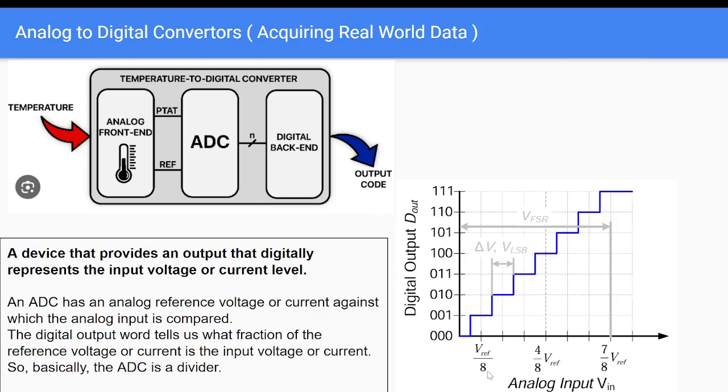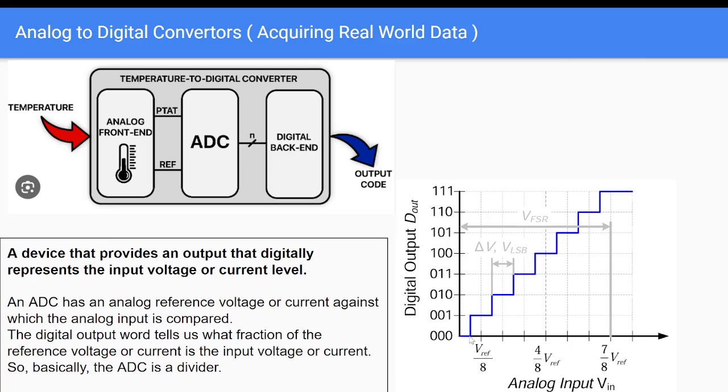Okay, so here as you can see there's the input voltage Vin. The important thing you see here is the reference voltage. If the reference voltage is divided by 8, it means if the input voltage is within 0 to, I'm considering this as 0, but I think this is not 0, 0 is here, so this is Vref by 8.